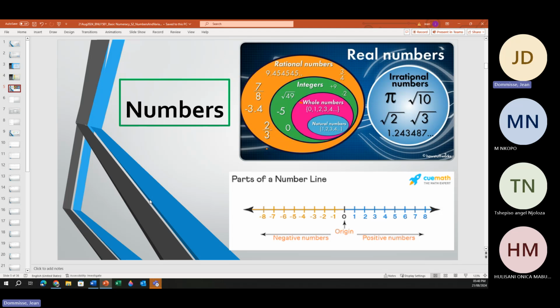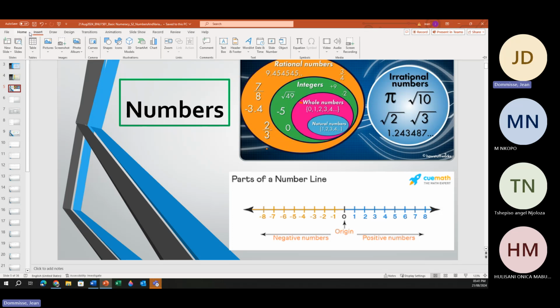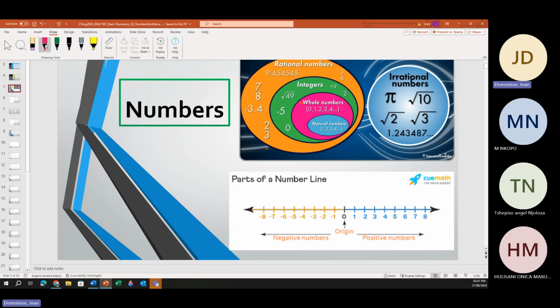Okay, so when we look at numbers, there are a few ways we classify them. When you Google numbers or want to look for short YouTube clips, you can look at it from a few points.